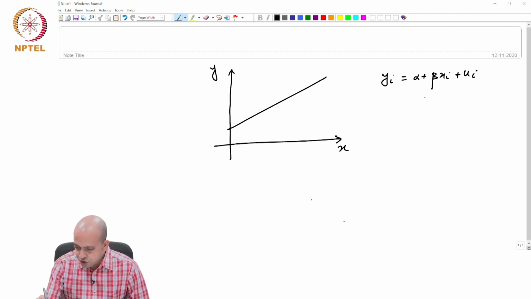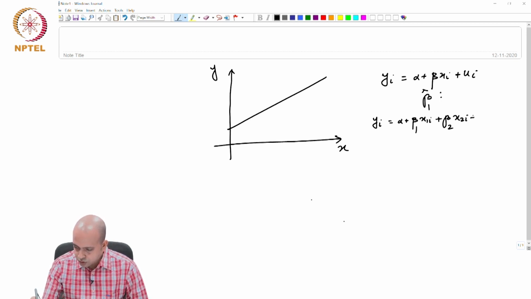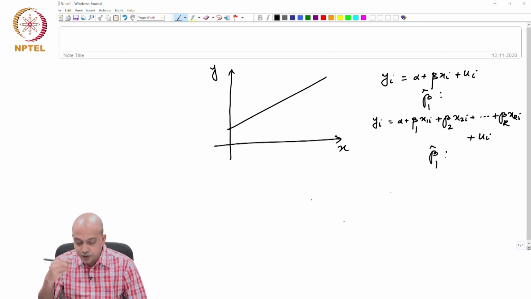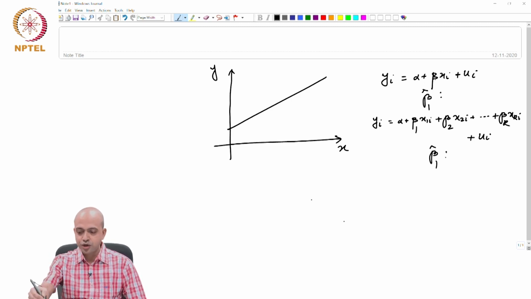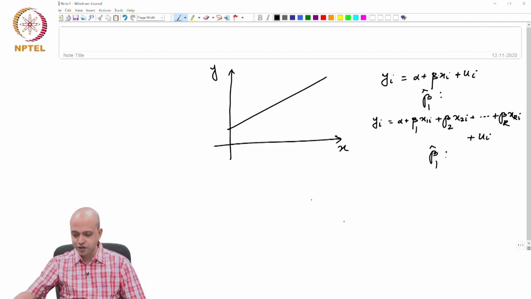And the interpretation of beta hat here in this two variable model, and when you write a model like this, yi equals alpha plus beta 1 x1i plus beta 2 x2i plus beta k xki plus ui, the interpretation of beta 1 here is actually different from the interpretation of beta 1 in the context of two variable linear regression model.